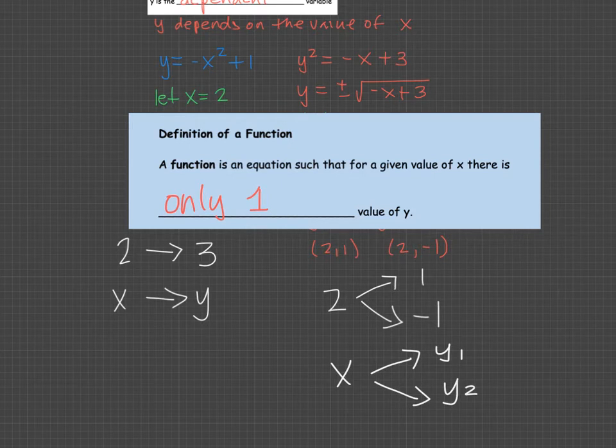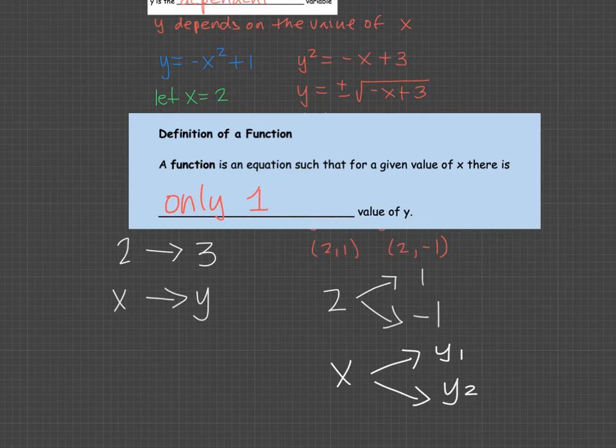We can use that definition to determine which one of these equations is a function. For y equals negative x squared plus 1, when we plugged in 2, we only got one value of y. So for this given value of x, we only had one value of y, so we can conclude that we have a function.